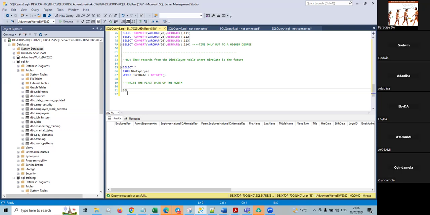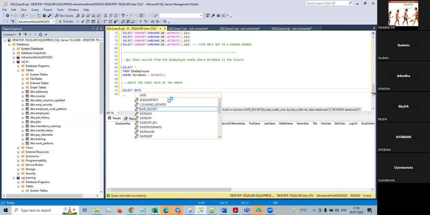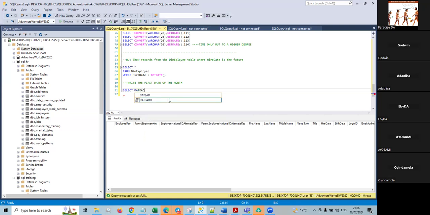The code for that, and this is a general code that will give you the first day of any month that you are in. So you have to be in that month to run the code. Date add, we want the month.